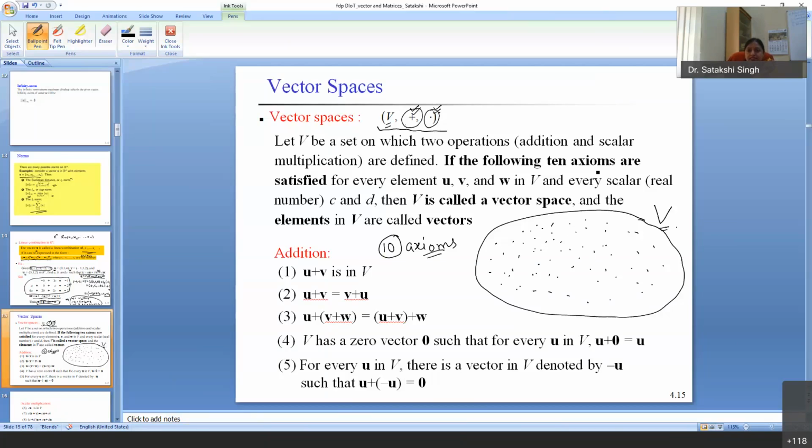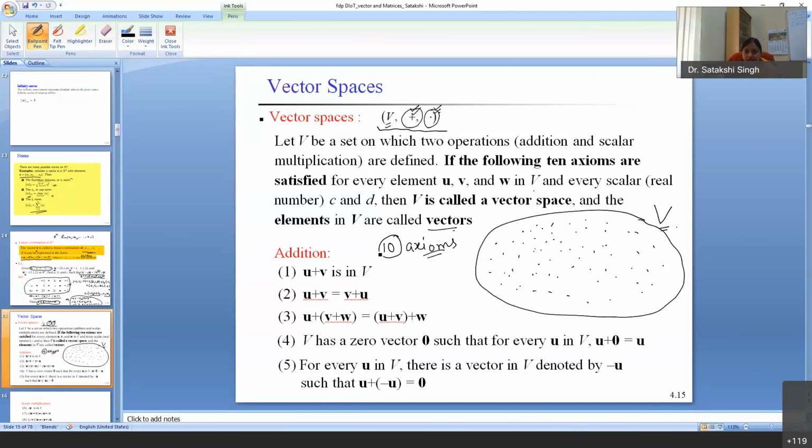If the following 10 axioms are satisfied for every element u, v and w in V, where u, v and w are any arbitrary elements from this set V, and every scalar is a real number, and let us say we have taken two scalars here, C and D, then V will be called a vector space and the elements in V are called the vectors.